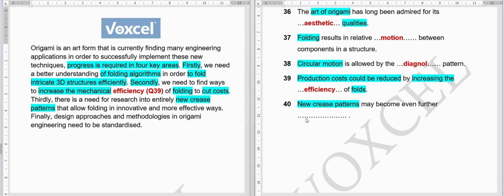Okay, time's up. Now I'm going to write the answer here. The answer to this is effective. Where is it written? Here.